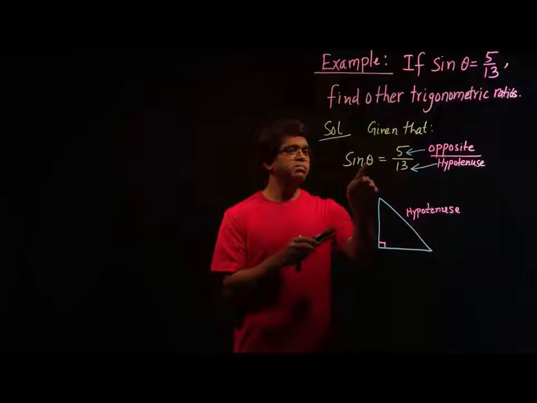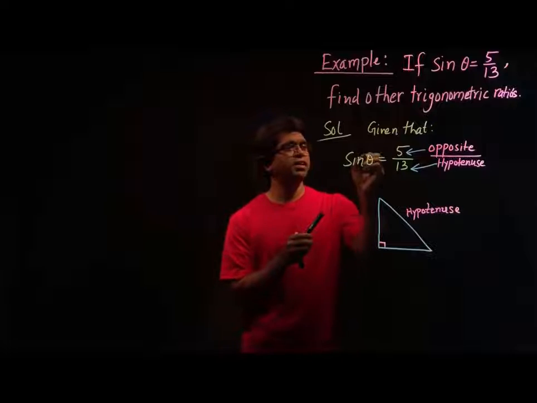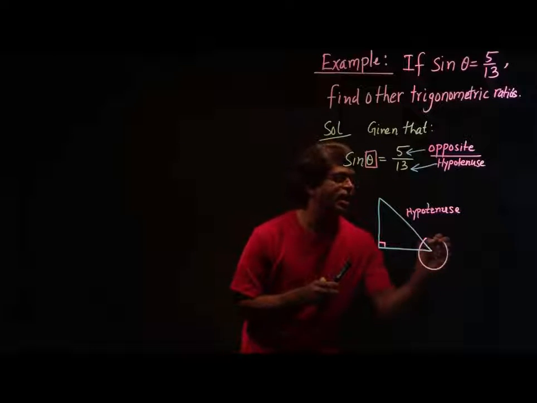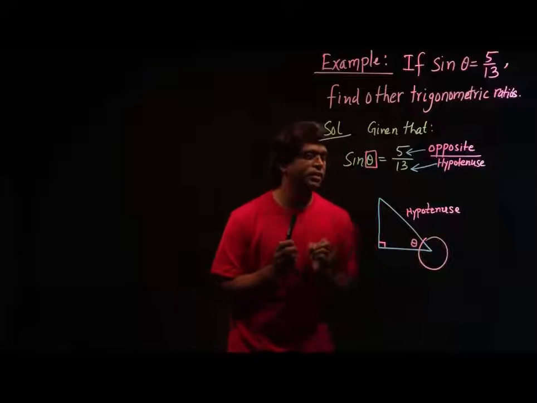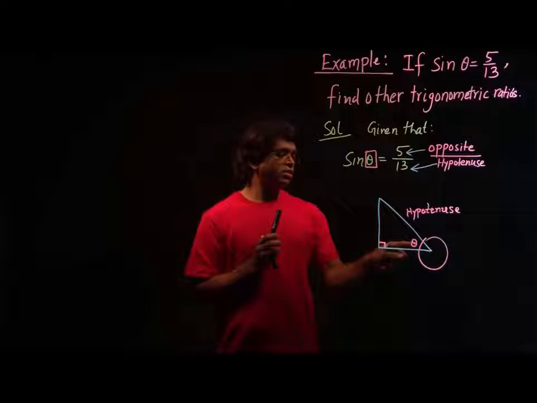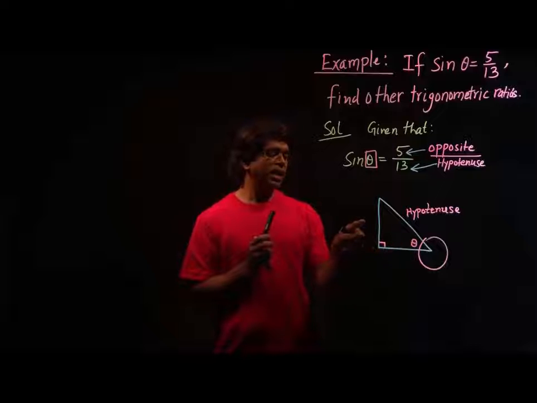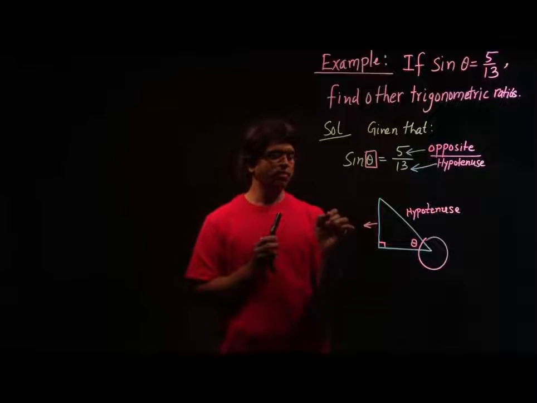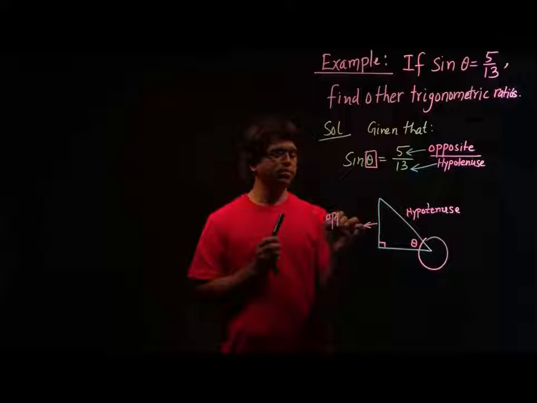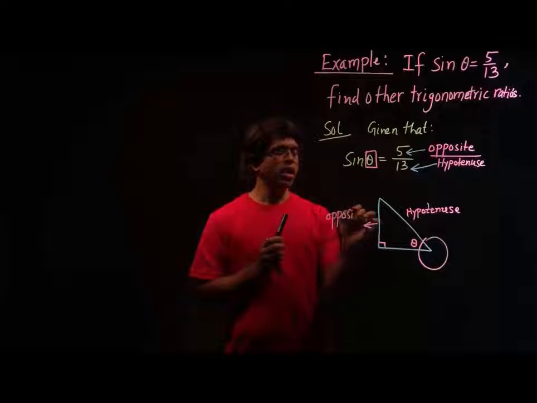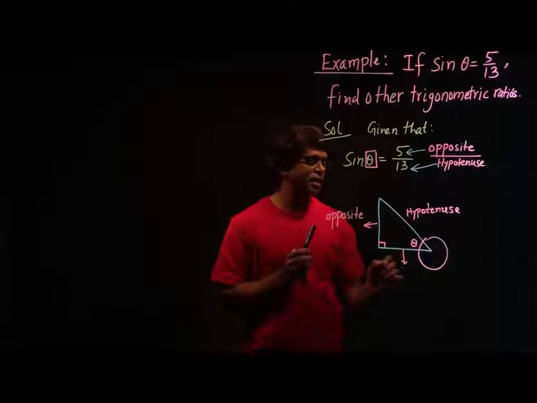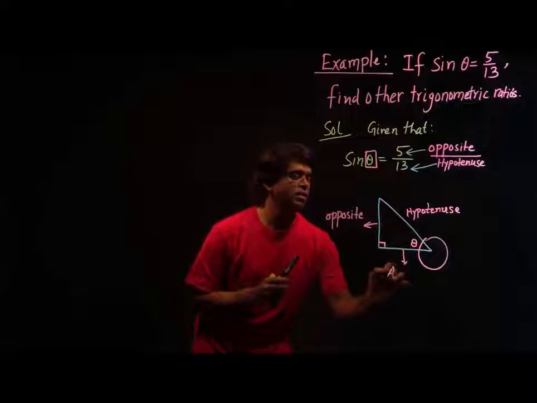I'm going to consider my reference angle, which is theta. The side opposite to the reference angle is this side, so that side will be opposite. The side next to the reference angle is adjacent.